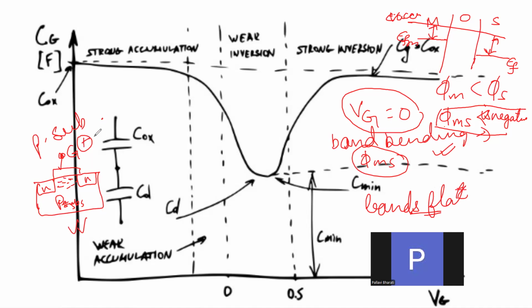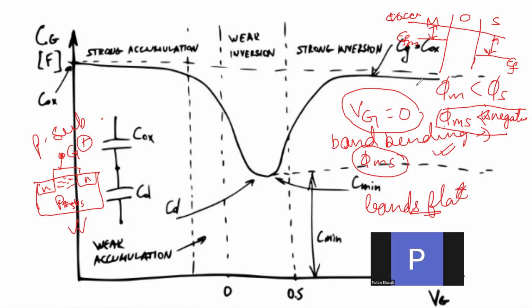At Vg equal to 0, since the metal work function is lesser than this one, there is actually no transfer of charge, but there is a charge redistribution happening when the gate voltage is applied, to go towards the thermal equilibrium condition.